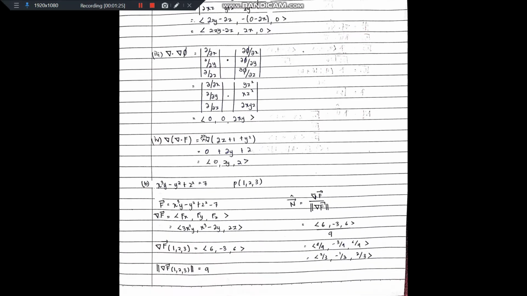In question 3b, we have to find the unit normal vector at the given surface, x cubed y minus y squared plus z squared equals 7, at the point P equals (1, 2, 3). First, we have to find the vector of f, which is x cubed y minus y squared plus z squared minus 7, and then we apply nabla and we get this.